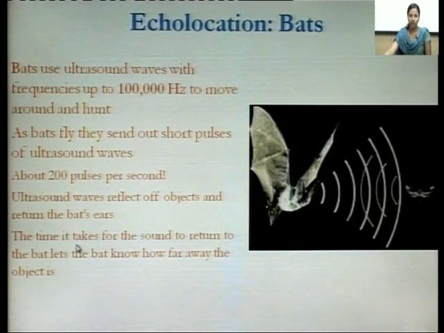The time it takes for the sound to return lets the bat know how far away the object is. So depending upon the time after which these waves are reflected back, we can determine the distance between two objects.